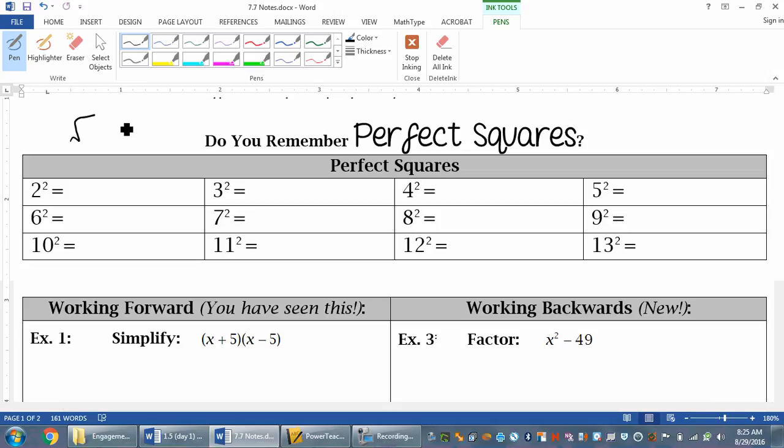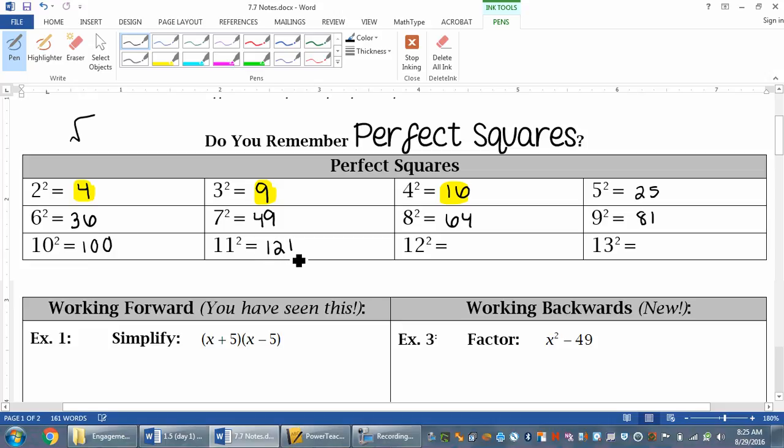So let's talk about all the numbers that I can do that way. 2 squared is 4. 3 squared is 9. 4 squared is 16. Again, my perfect squares would be 4, 9, 16. More perfect squares: 5 squared is 25. 6 squared, 36. 7 squared, 49. 8 squared is 64. 9 squared is 81. 10 squared is 100. 11 squared is 121. 12 squared is 144.